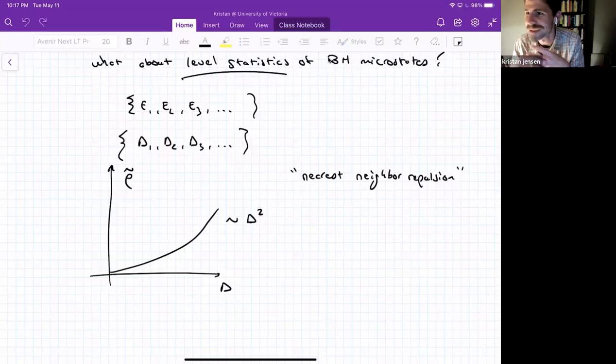And you notice that for a 2x2 Hamiltonian, as you adjust the parameters, it takes an exceptional amount of fine tuning to make the energy levels degenerate. They usually want to be non-degenerate. This is the many-body version of that statement. In a generic Hamiltonian, the energy levels want to be different. They want to repel. And there's some scaling that's universal for many systems. It depends actually on the symmetry class of the Hamiltonian.